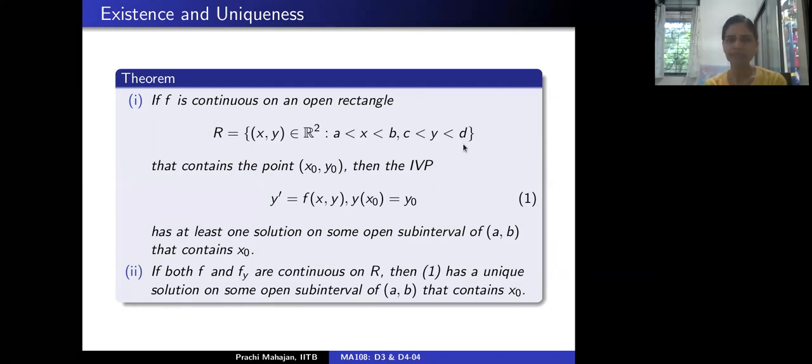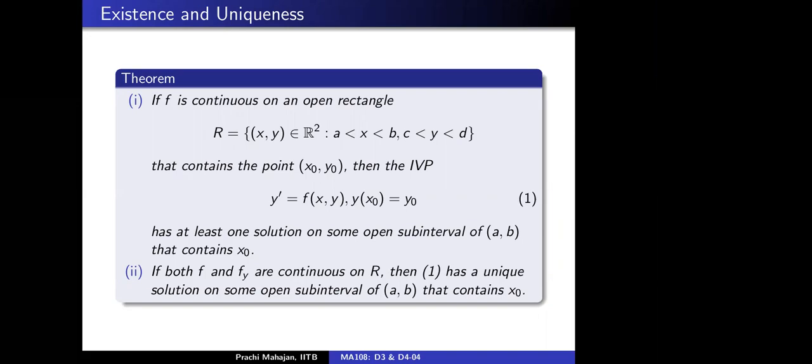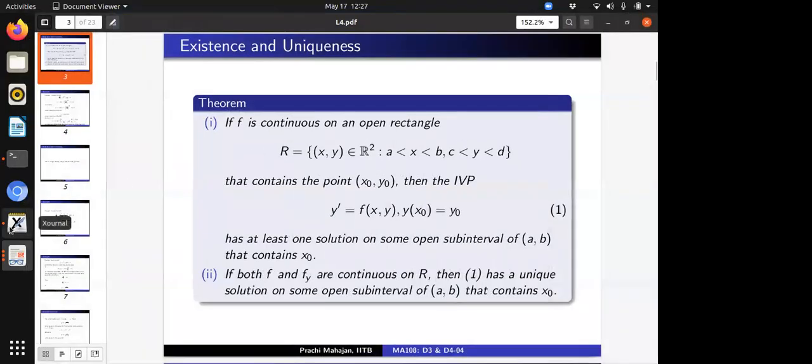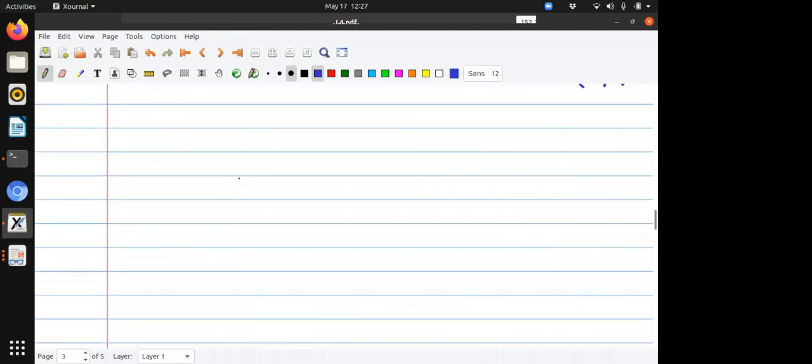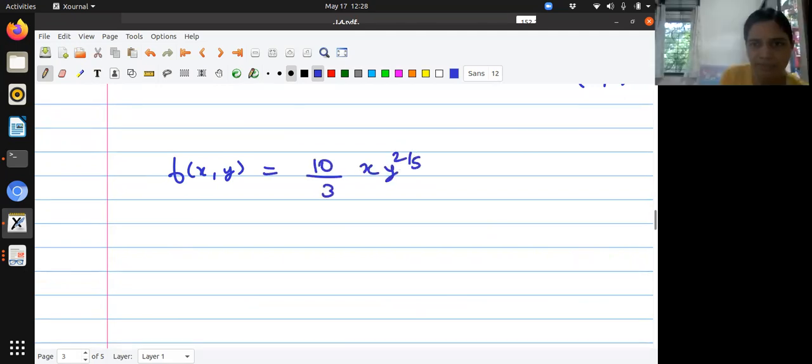So if C is -2 and D is 0, are we fine? Yes, ma'am. I'll just write. So I have f(x, y) in this example to be 10/3, x, y, 2/5.